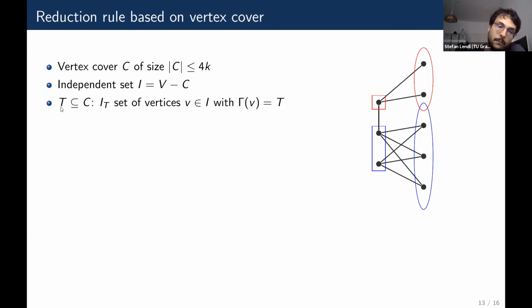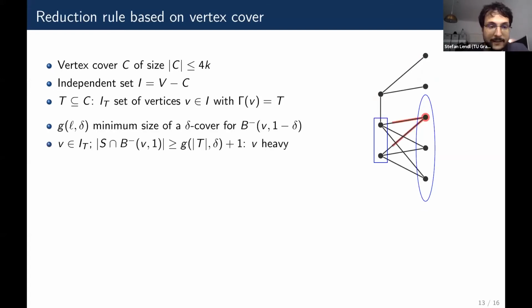So we look at all possible subsets T of the vertex cover and define as I of T the set of vertices in the independent set that have neighborhood exactly T. So for instance, here in the example, if you look at T as the two blue vertices, then I of T is exactly the blue vertices here, since they all have neighborhood T. And the idea why we do this is because those vertices can be many, but they all behave kind of similar. They are all very similar because they have the same neighborhoods, and we can use this in our algorithms.